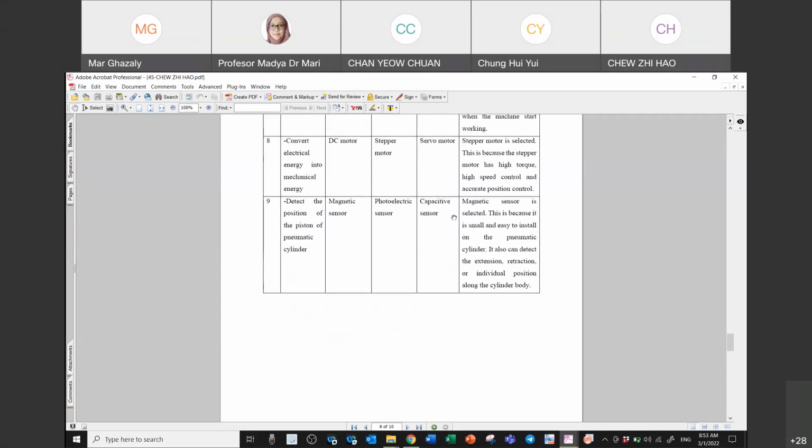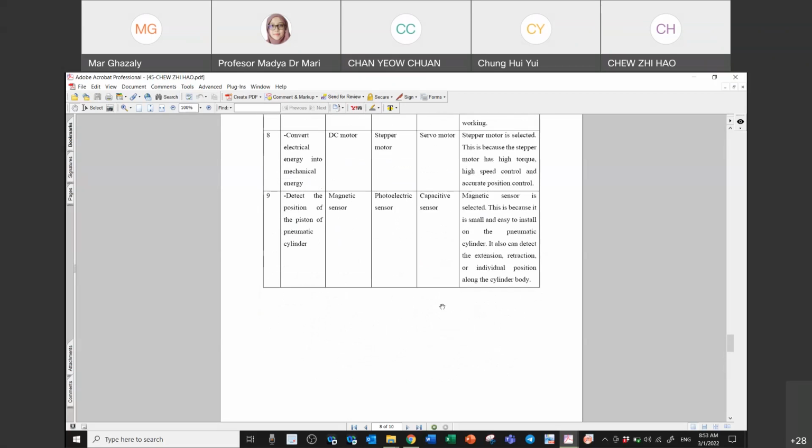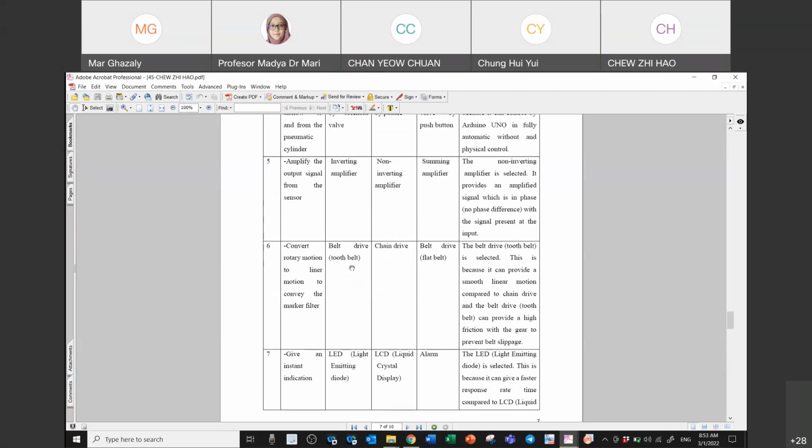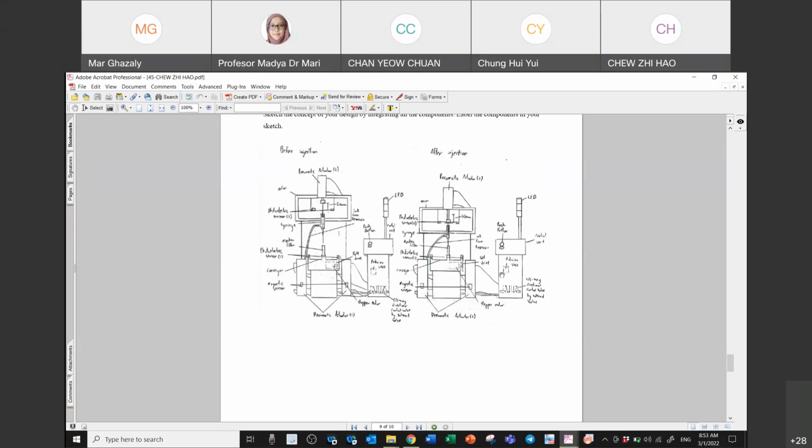The conveyor. Okay, to move the conveyor. So I cannot see the belting system that you choose. You choose the belt drive tooth belt. So where is the tooth belt with the stepper motor? It cannot be seen, right? Tak nampak kan?